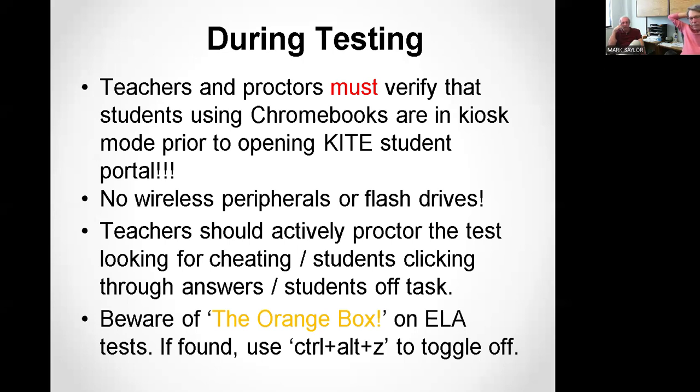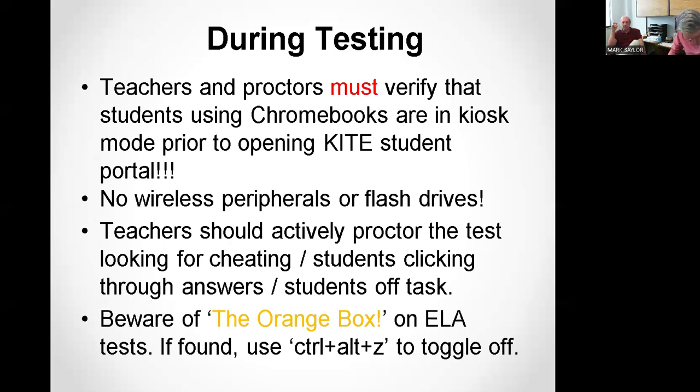So they can have their headphones on, whether they're using text to speech or not. But if they do, and you're doing ELA, you've got to make sure that they're not getting that orange box popping up, because that is Google Speak.